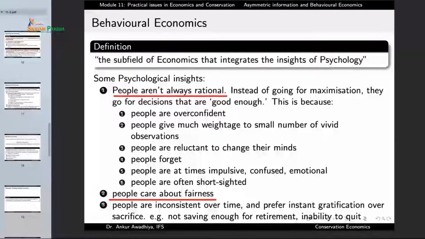People are inconsistent over time. They prefer instant gratification over sacrifice, such as not saving enough for retirement. So, in this case, when people are getting their wages, they can use it for instant gratification to buy something, or they can put it into a retirement corpus.